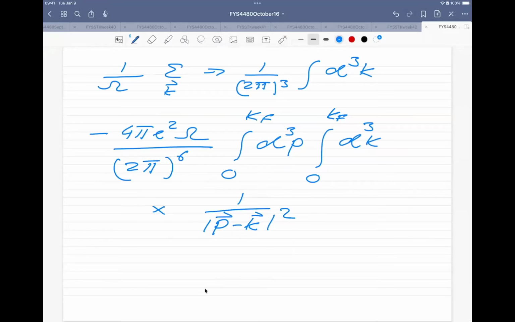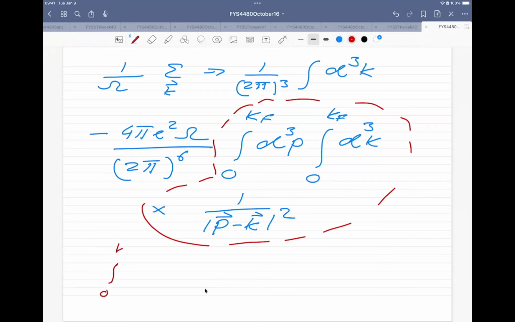So let's rewrite this integral, and let's now only single out this piece here. So let's take that part. So that part is going to be given by 0 up to Kf. I have a d3p. I have 0 up to Kf. And then I have a d3k. And I'm going just to write it out in terms of the squared values.